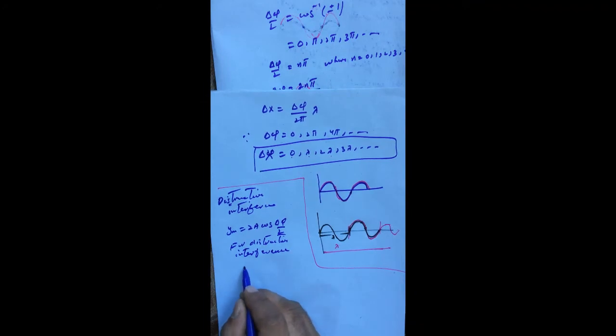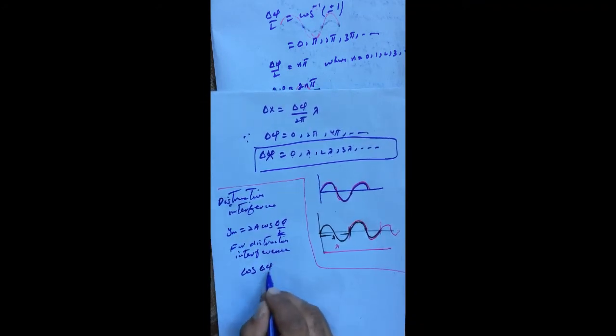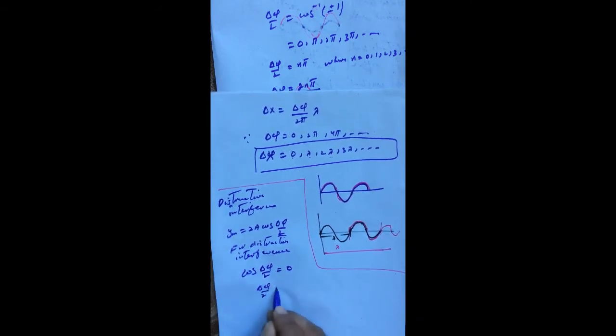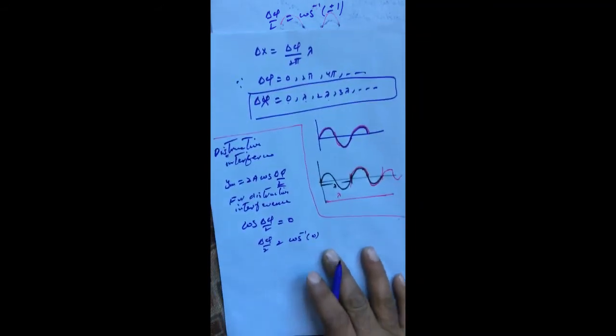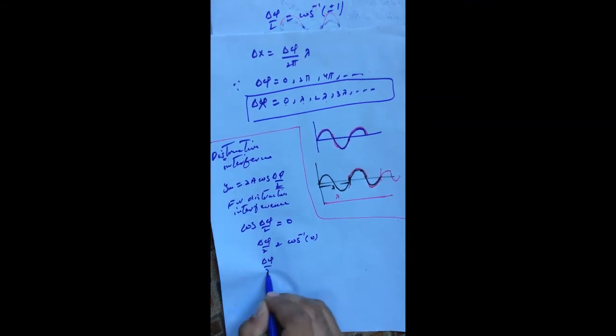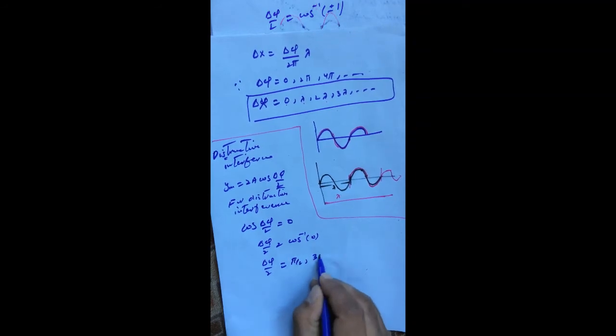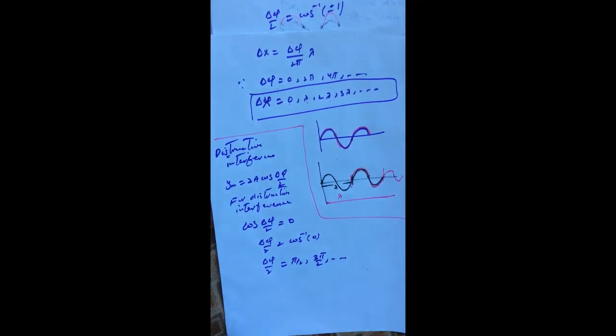So the minimum value of amplitude is 0. So it will be 0 only if cos del phi over 2 is equal to 0. This implies that del phi over 2 is equal to cos inverse 0.